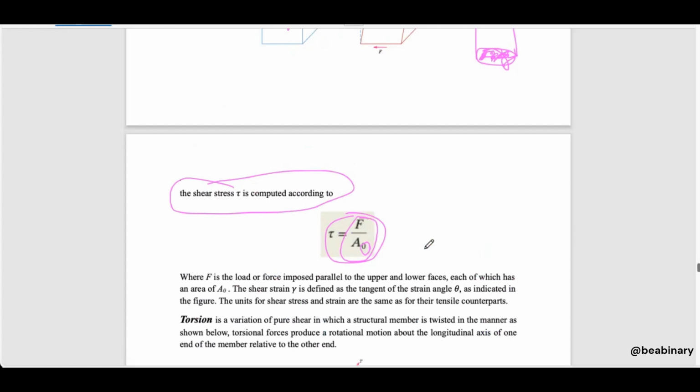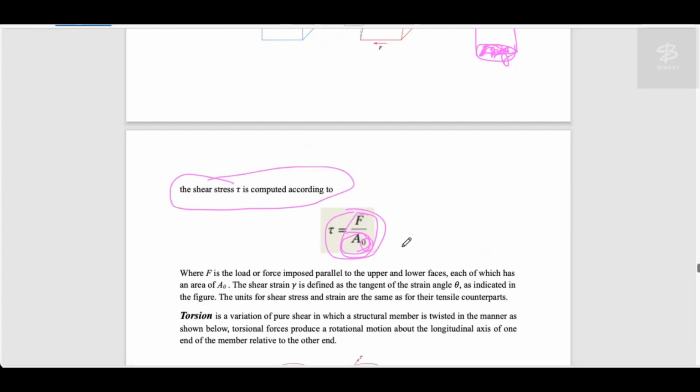We are not going to take that into consideration; we take only the original area. That's why this calculation is known as engineering stress, engineering strain, or engineering shear stress, just because we are taking only the initial value of the cross-sectional area.